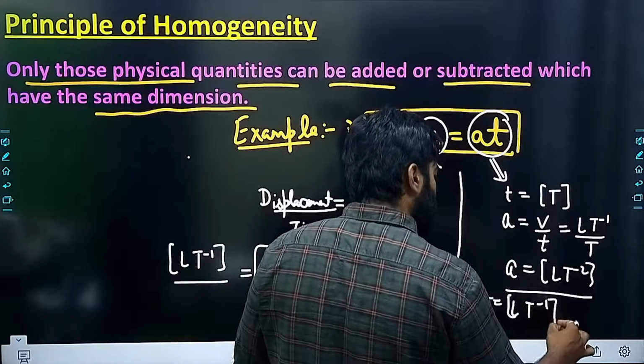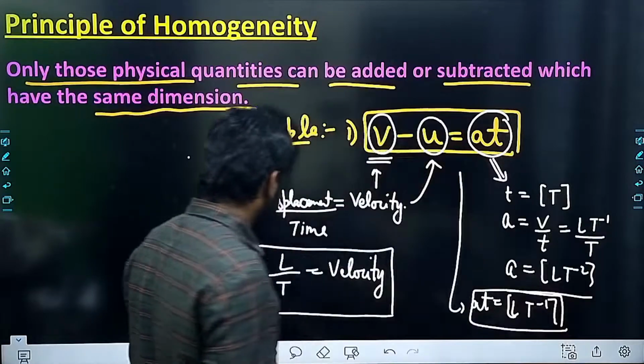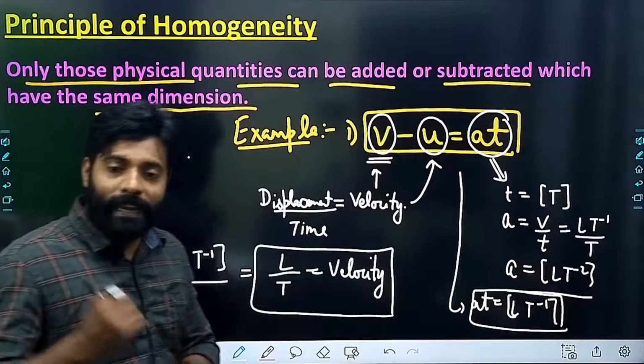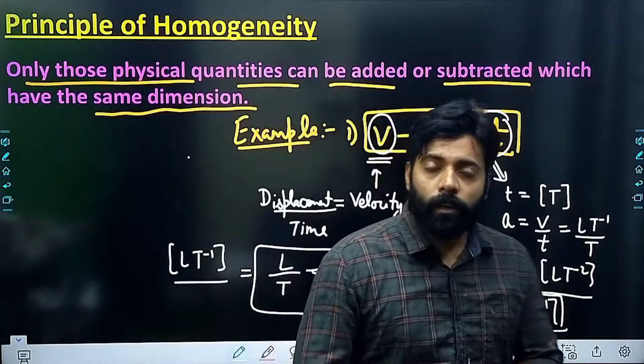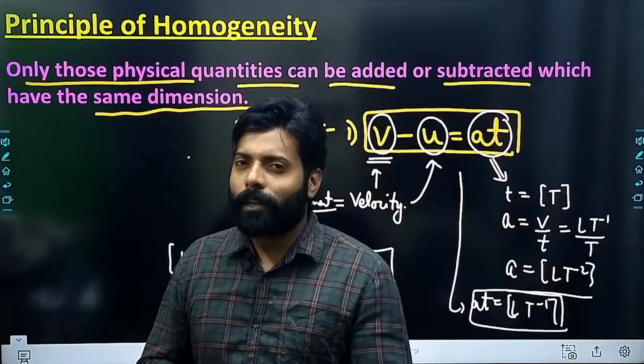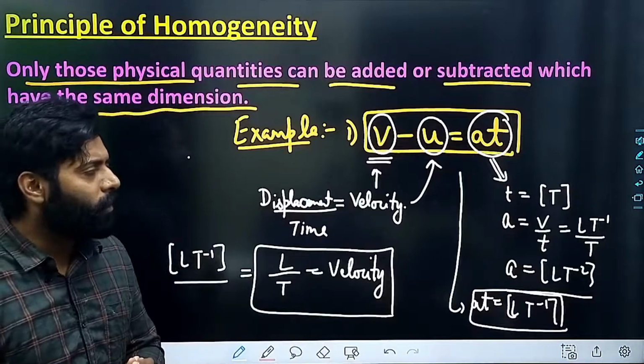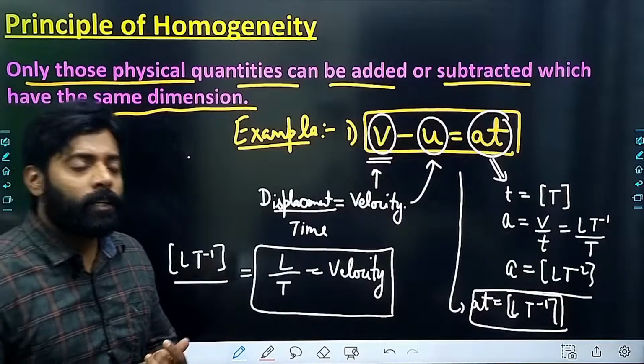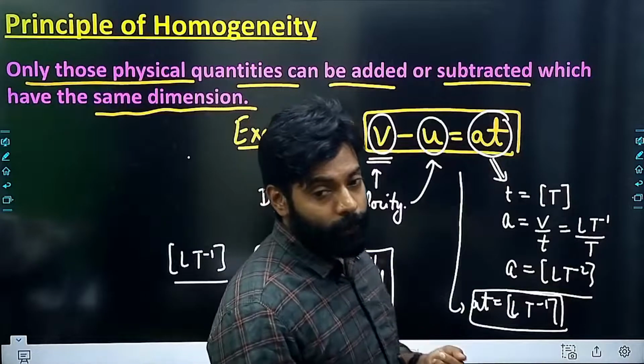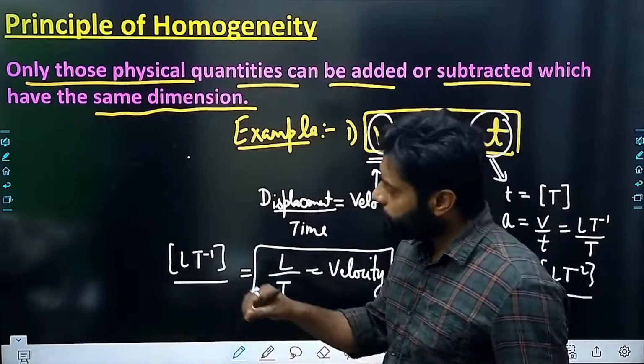So this is the same as the dimensions of velocity. Some of you might be thinking, oh sir, how? This is very difficult, to get the dimensions of anything. There is some trick.